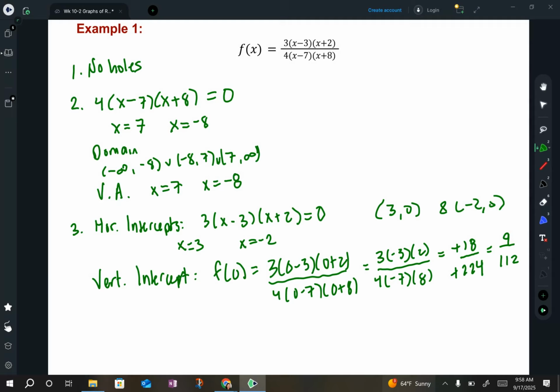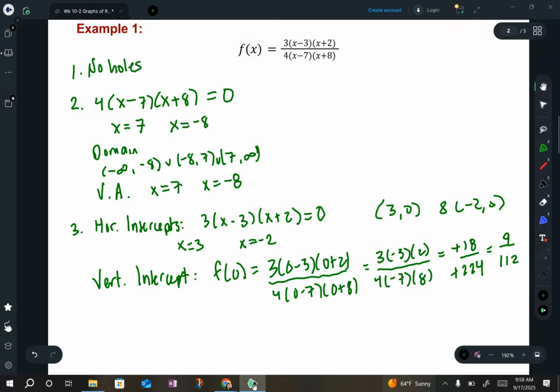I don't think that reduces further, because 9 is only divisible by 3, and 112 is not divisible by 3. So that might be all we can reduce. So 9 over 112. I'm trying to use my calculator here, and I'm having some issues. Okay, all right, so that is my vertical intercept, 9 over 112.